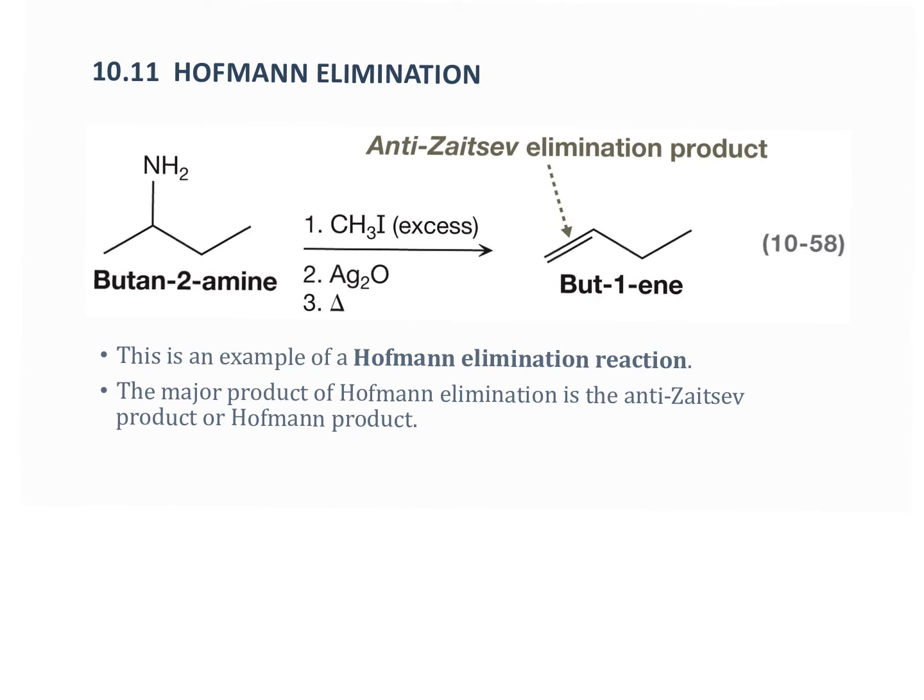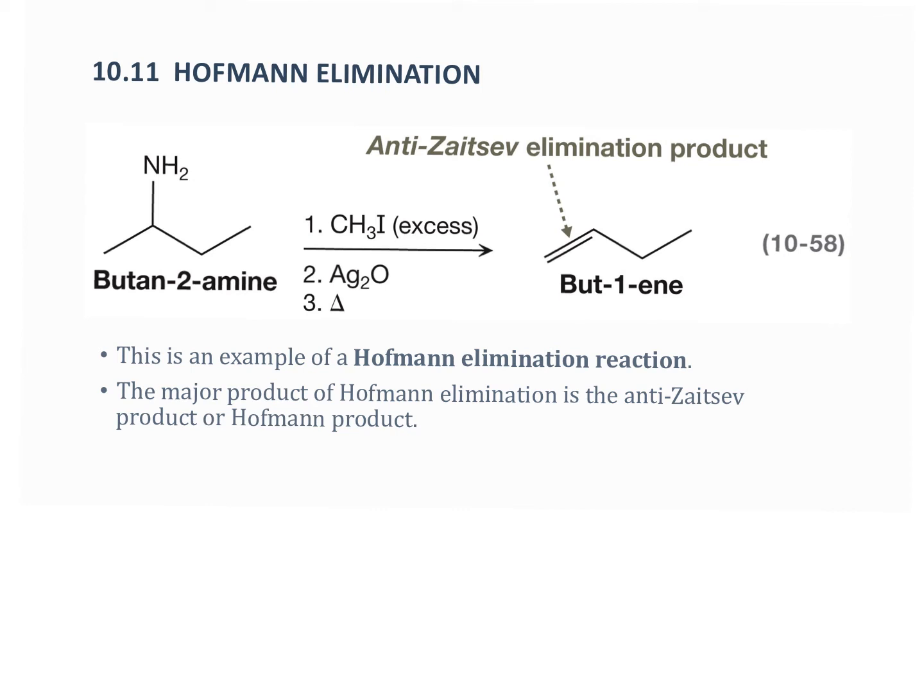This is an example of a Hofmann elimination reaction. The formation of a carbon-carbon double bond does strongly suggest that an elimination reaction has occurred where the leaving group contains the nitrogen atom, okay? Now, there are two aspects of the Hofmann elimination that we need to reconcile, okay?